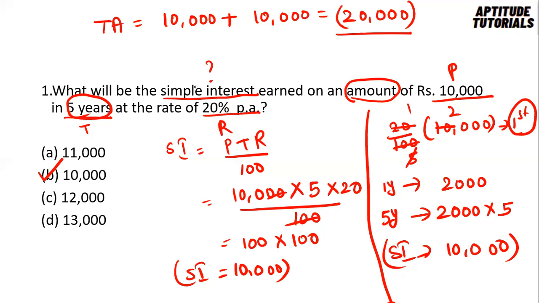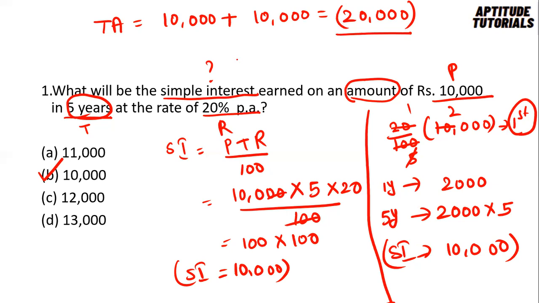There is no rule that simple interest will always be less than the principal you have taken. If you are not paying in time, or otherwise, if you are taking it for a huge rate of interest, and if you're keeping that money for a longer time, then the interest that you have to pay will for sure be more than the principal amount that you have taken.